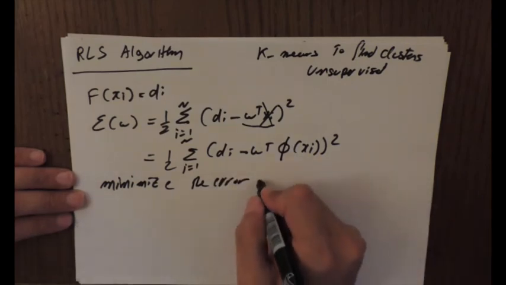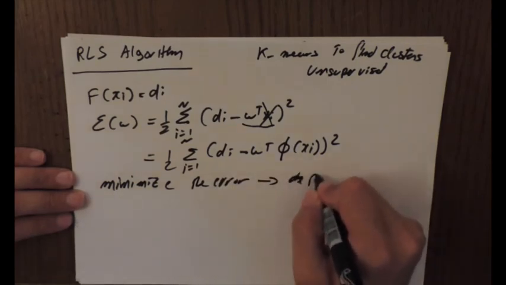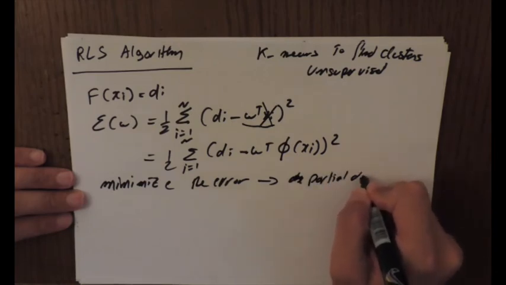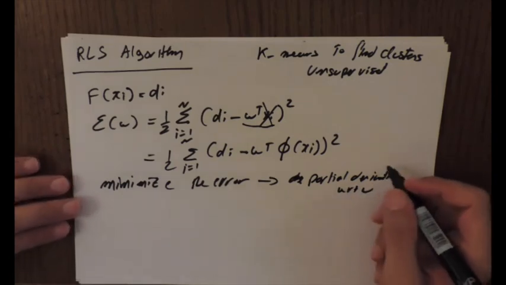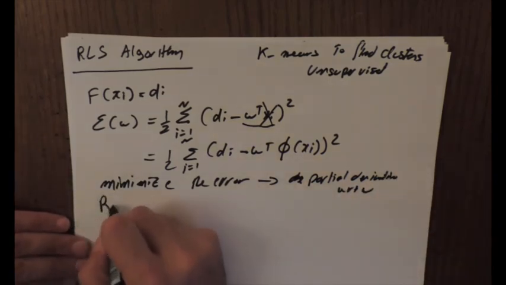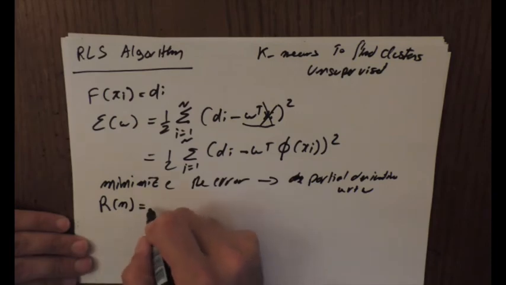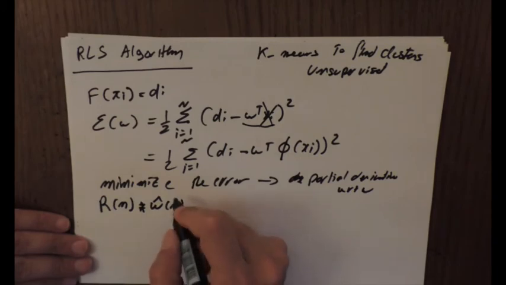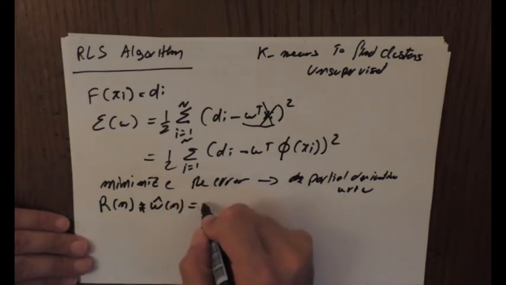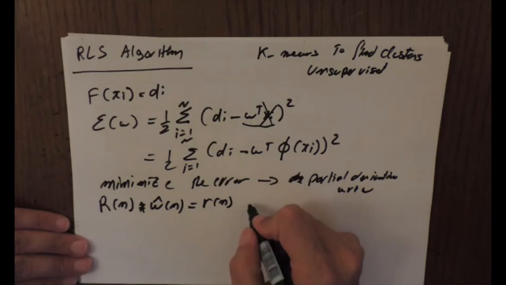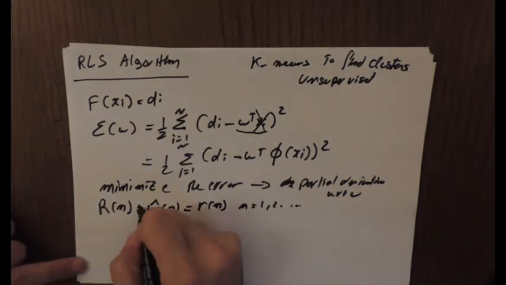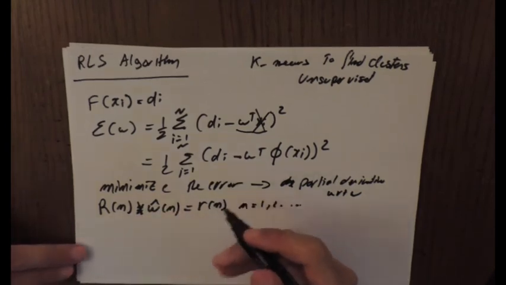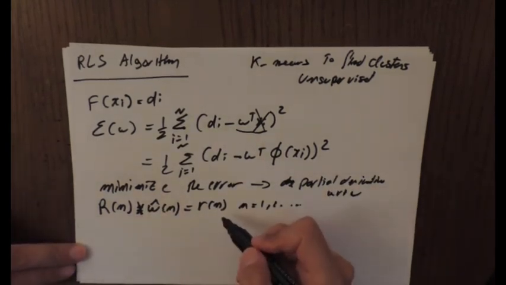And the way we do this is we take, of course, the partial derivative with respect to w, and we will have this formula, which is R of n times the weights, minimized weights, equal to r of n, for n equal 1 to all the way. Of course, this is multiplication. So what's big R of n, small r of n?